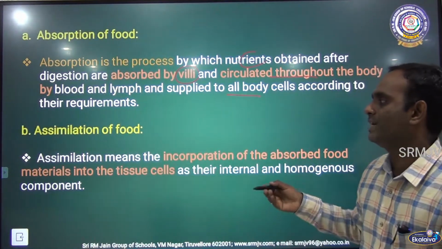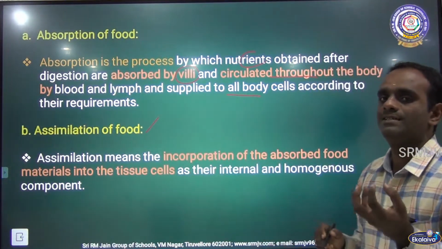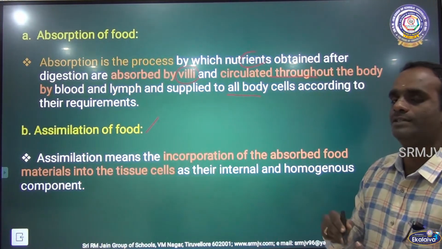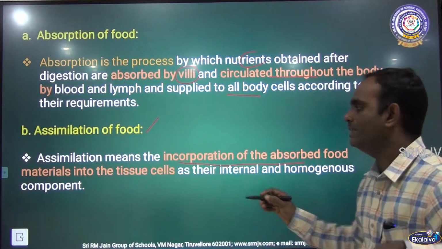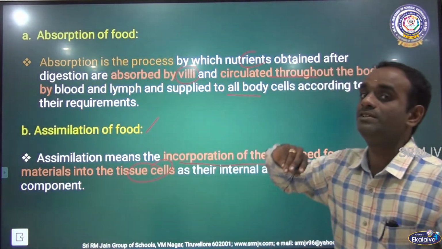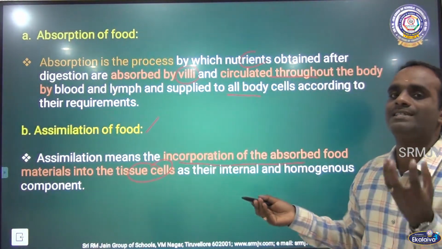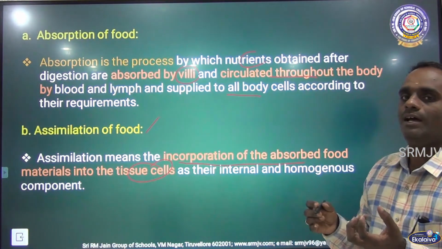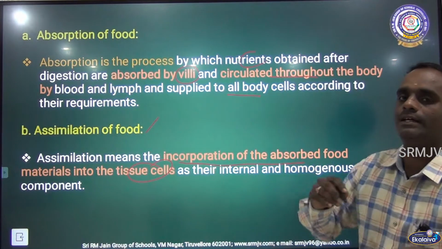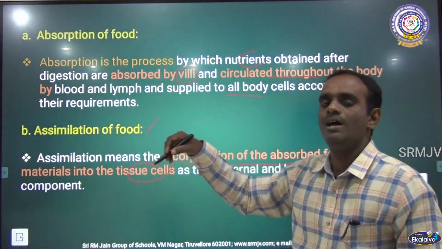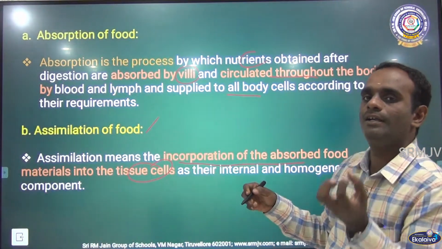And what is assimilation? Assimilation of food. Assimilation means incorporation of absorbed food materials into the tissue cells. All the absorbed food materials are in the blood. It goes to all parts of the tissue and is incorporated.